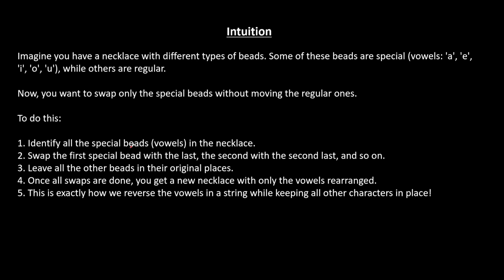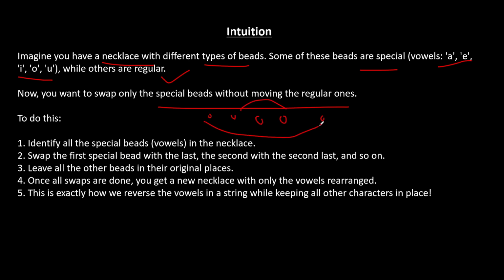To understand what the problem is asking, we should build up an intuition for the problem. Imagine you have a necklace with different types of beads. Some of these beads are special, let it be A, E, I, O, U, while others are regular. Now, you want to swap only the special beads without moving the regular ones. We have to swap the beads from the first and the last in the necklace.